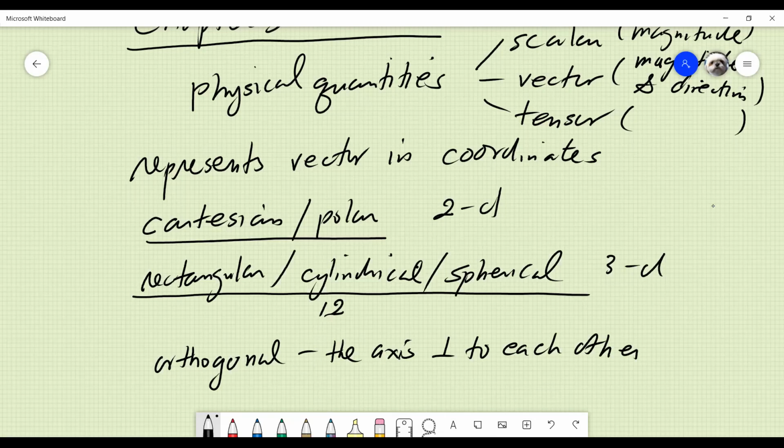Right, like X, Y, Z, right? X, Y, Z. They are all perpendicular to each other. So we use this word orthogonal, right?